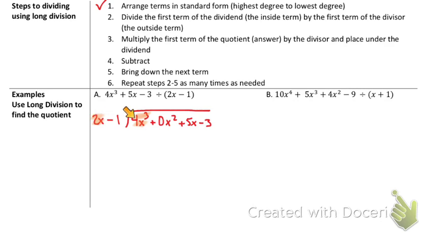So we're going to go 4 divided by 2, and that's going to give me 2. So we put the 2 here, and then we're going to divide the variables. So x to the third divided by x. So basically 3 x's, we're taking 1 out, we're left with 2 x's, or x squared.